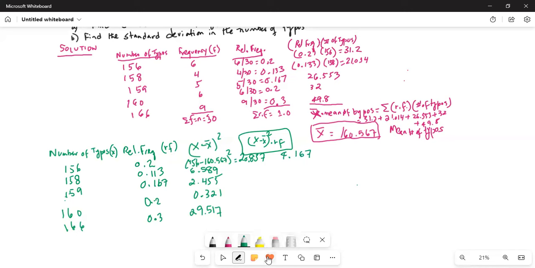The next one will be 6.589 times the relative frequency 0.113, and that is 0.745. Next one is 2.455 times the relative frequency of 0.167, and that one is, sorry, I have to correct that, 0.410.